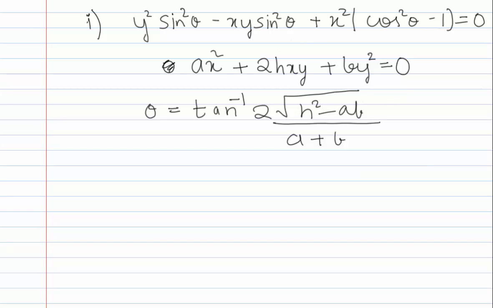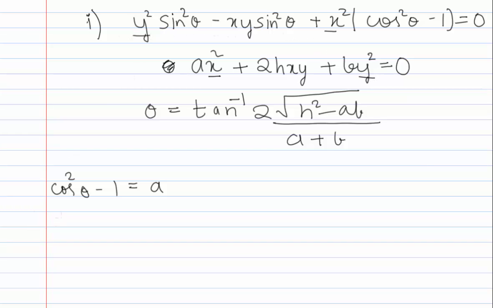We have coefficients for each of the terms, so let's just compare these two equations. First of all, comparing the x square term, cos square theta minus 1 is equal to a, right? And then we can compare the y square term.